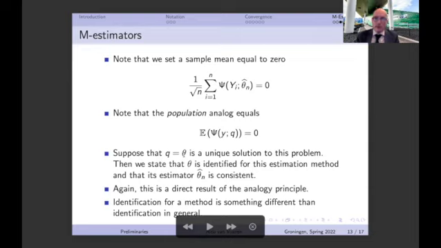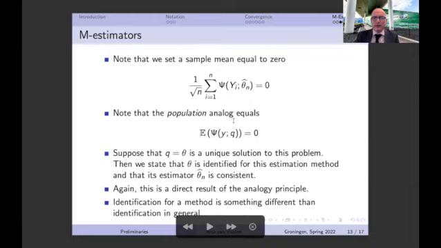Then you can prove that theta hat n is going to converge in probability to this theta. The reason is that the left hand side, being the sample mean, is going to converge to the population function, not just for one particular value, but for any value of this q that we have over here.